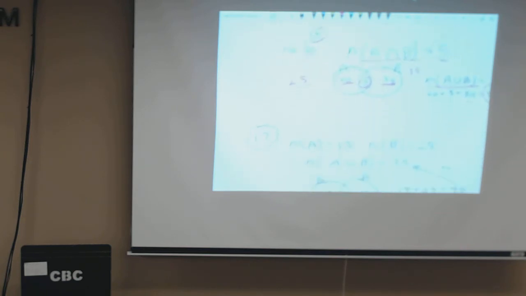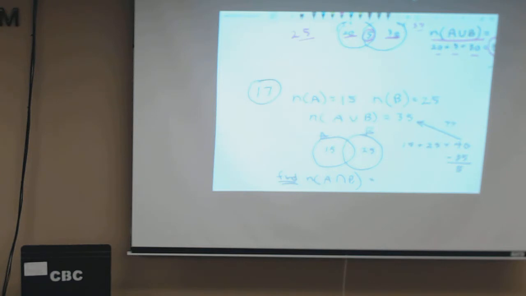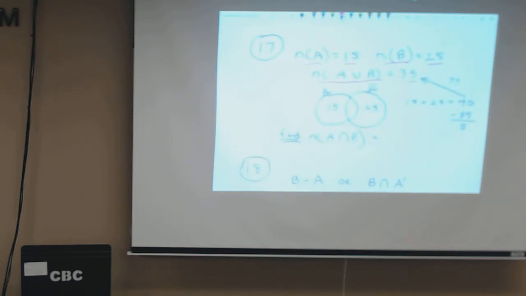Number 17. The number of elements in A is 15. The number of elements in B is 25. The number of elements in the union of A and B is 35. Wait a minute. If I put 15 here and 25 here, what's 15 plus 25? 40.